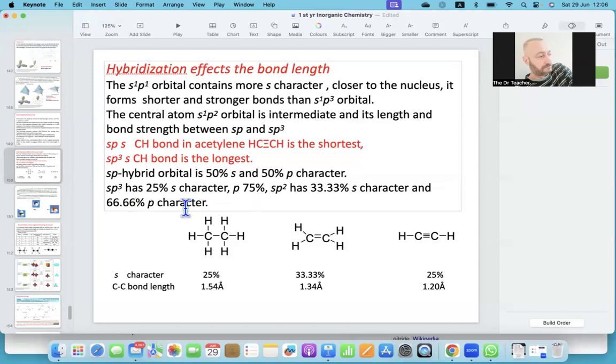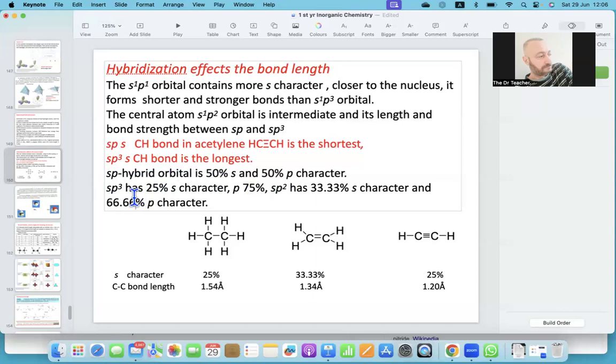So now the character means the percentage of the s orbital inside sp will be 50%, and the p will be the rest. The sp3 has 25%. That's what we said.